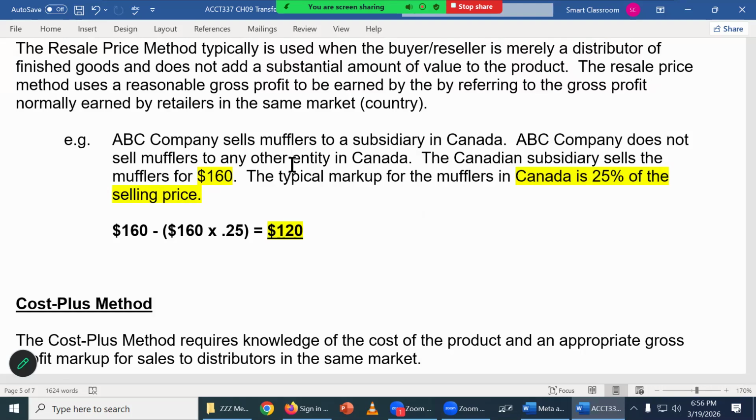Here's a question for you guys. You guys are all accounting majors. What would be the markup on cost if the markup on the selling price was 25%? What would the markup on the cost be?